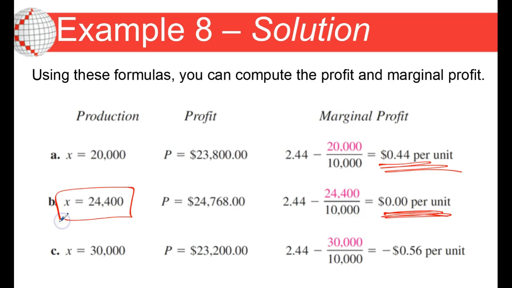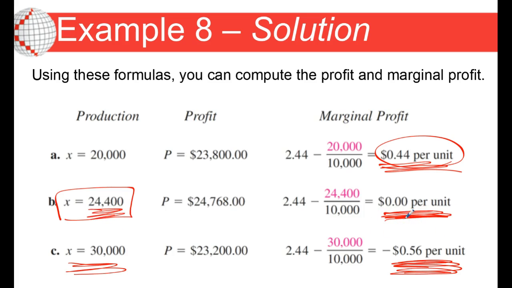That's if you let X be 24,400. That's the number of t-shirts that you're selling in that example. And then you're in the hole per unit if you create too much. So you can see you want to maximize your profit. And at 24,400, you're breaking even. And then at 30,000, you're actually losing money.